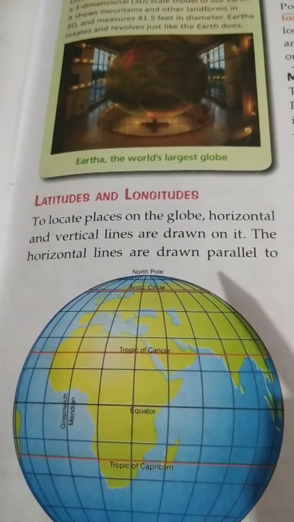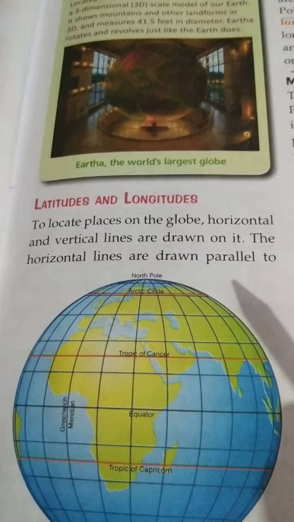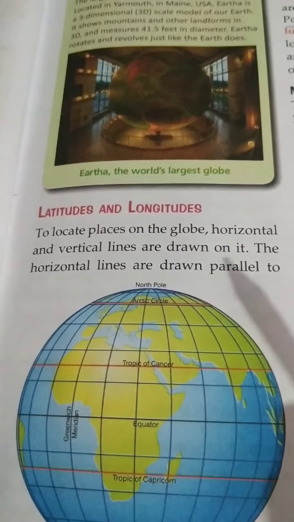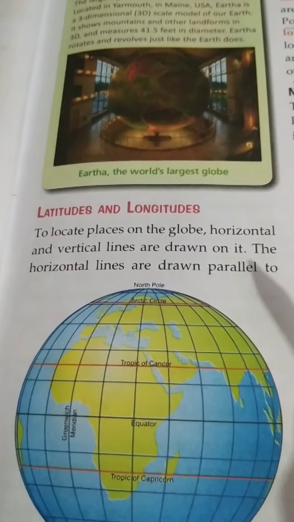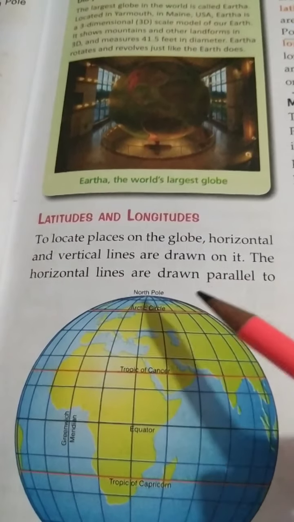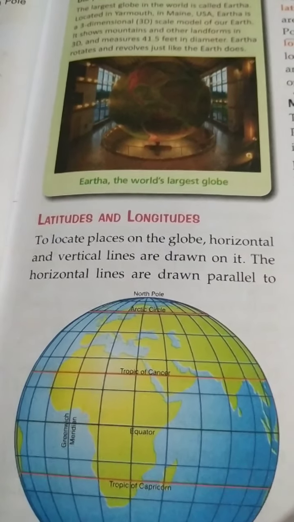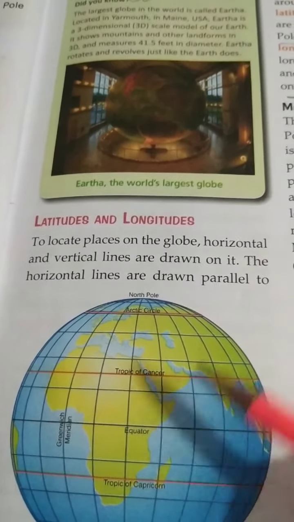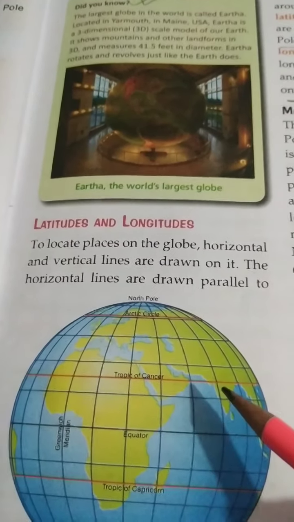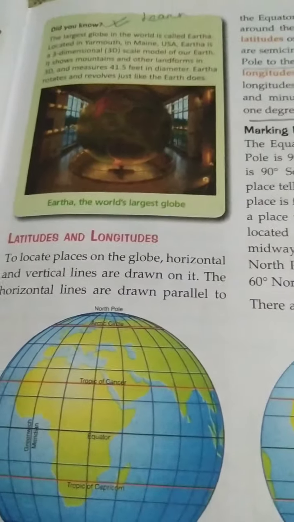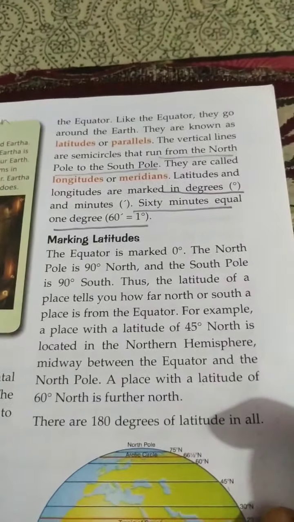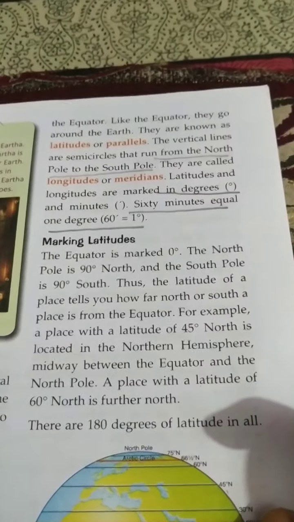Latitudes and longitudes. To locate a place on the globe, two lines are drawn: one is a horizontal line, another one a vertical line. The horizontal lines are drawn parallel to the equator and they go around the earth.